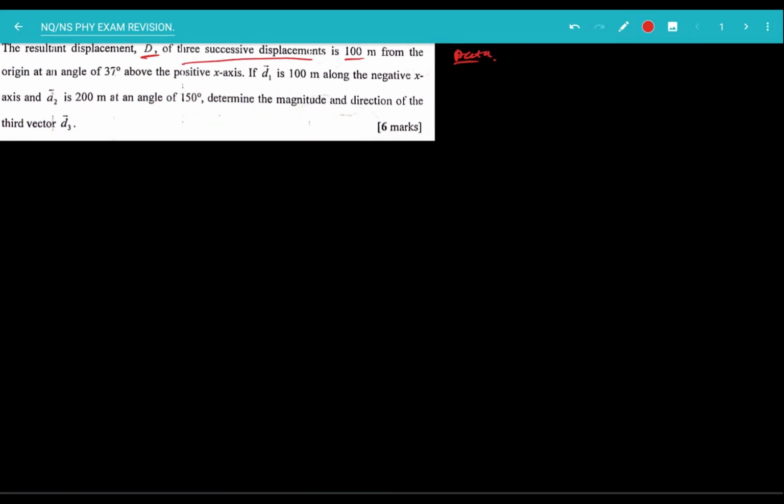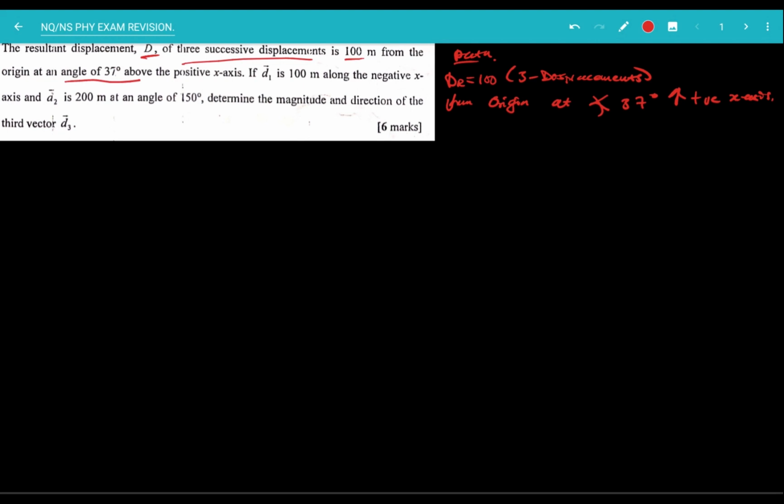I've been told that the resultant displacement, let's call it d sub r, of three successive displacements is 100, and that it's measured from the origin at an angle of 37 degrees above the positive x-axis. So that's the information we have.